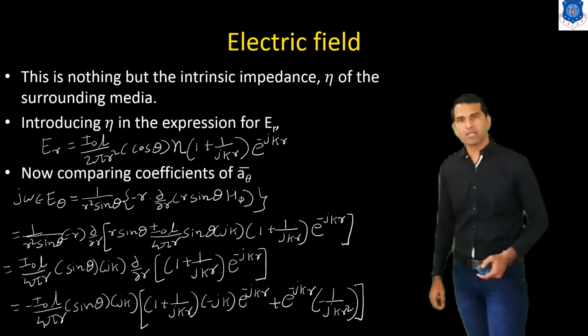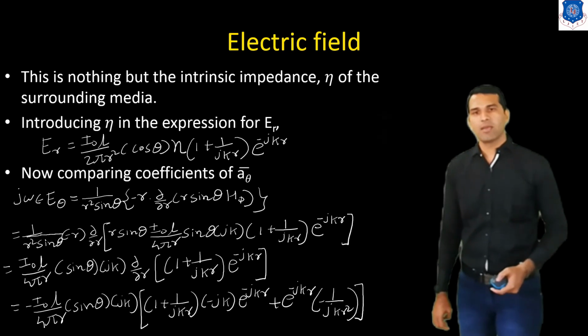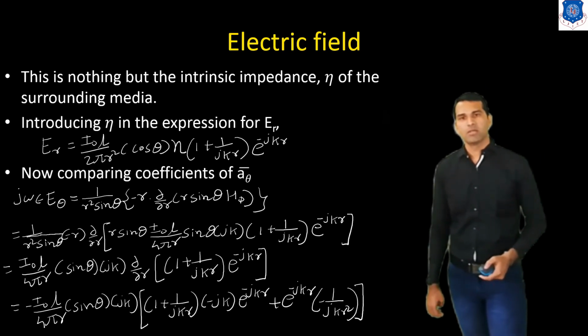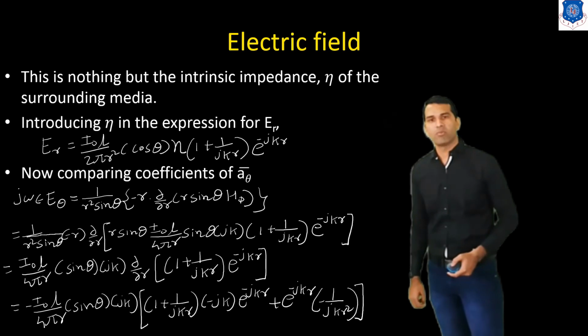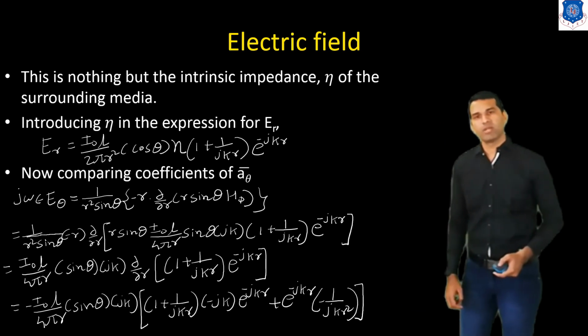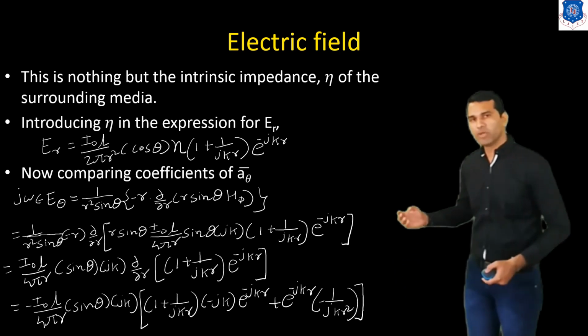So we get I0 L over 4 pi r sin theta, jk, del by del r of 1 plus 1 upon jkr, e raised to minus jkr. Now we have to solve this derivative, del by del r of 1 plus 1 upon jkr, e raised to minus jkr, and when we solve it, we get this.